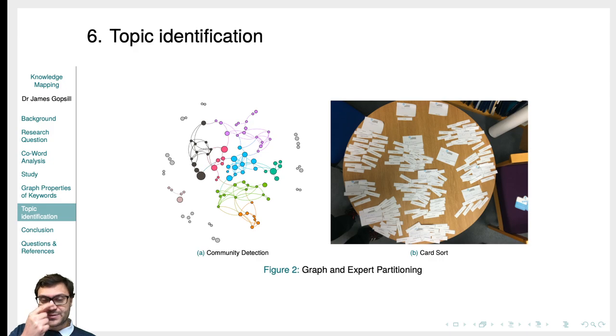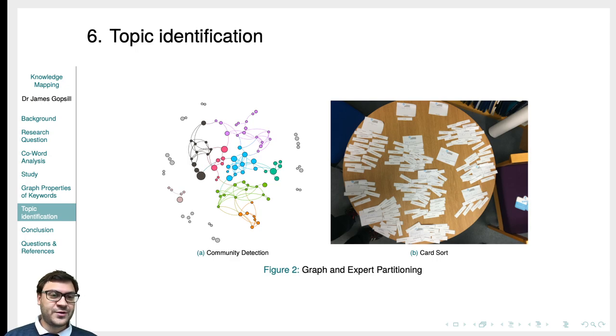We then took the subset of keywords, identified those within that network, and looked to see how clustering techniques could be used to identify topics within the corpus. So we also compared those with a set of clustering performed by experts at the NCC, taking the same keywords and manually clustering them, versus a clustering technique automatically applied to the network.